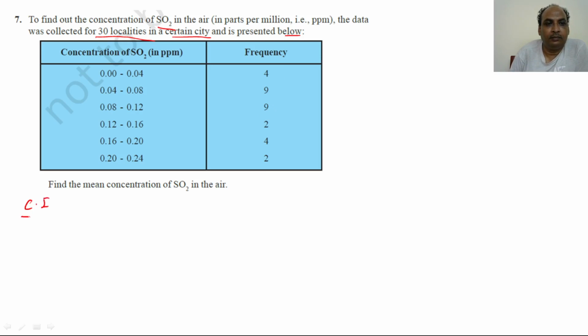Class interval: 0.00 to 0.04. Don't panic by seeing that decimal. It is very easy.